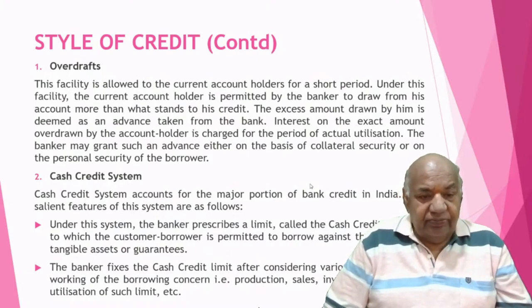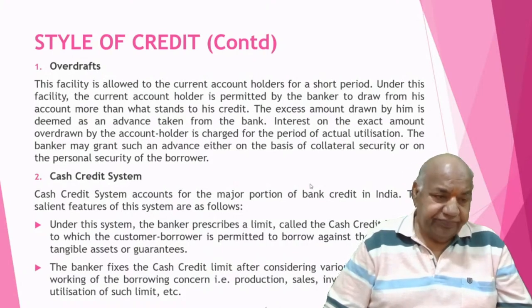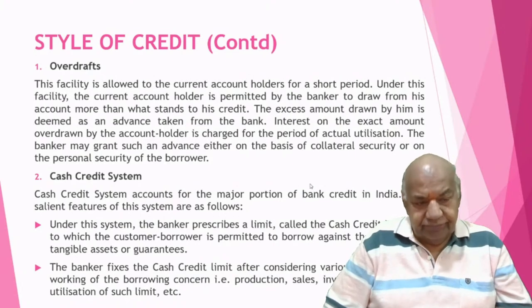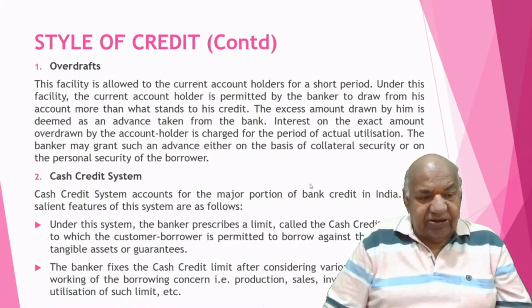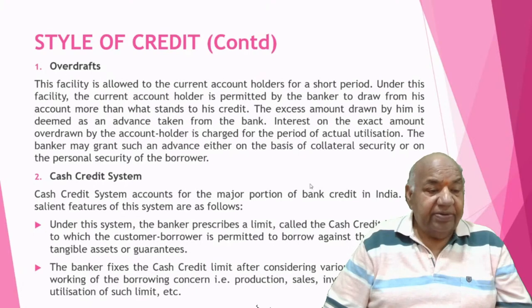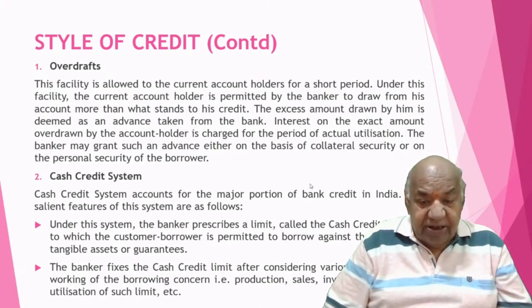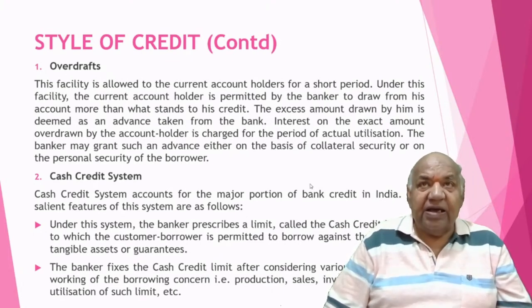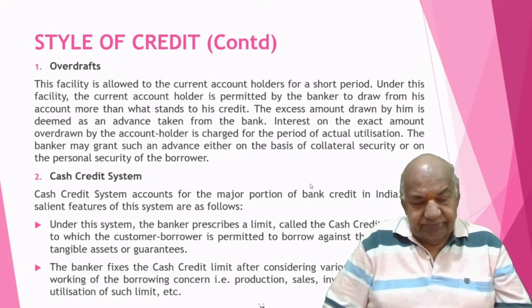Cash credit system accounts for the major portion of bank credit in India. The salient features of this system are as follows. Under this system, the banker prescribes a limit called the cash credit limit, up to which the customer borrower is permitted to borrow against the security of tangible assets or guarantees.